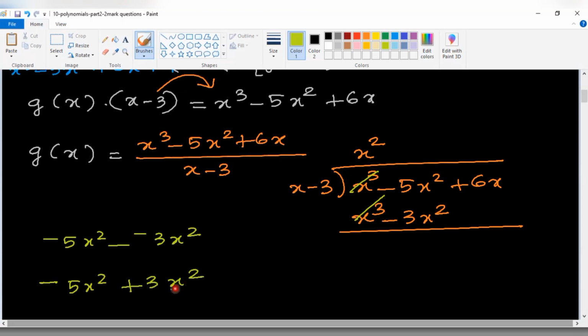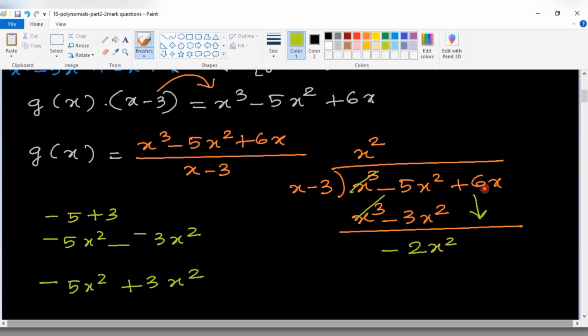Both are like terms. Minus 5 plus 3: we are adding a negative with a positive number and negative is the bigger one, so we have to subtract. 5 minus 3 is 2, and we put a negative sign because the bigger one is negative. So here what we get is minus 2x square.